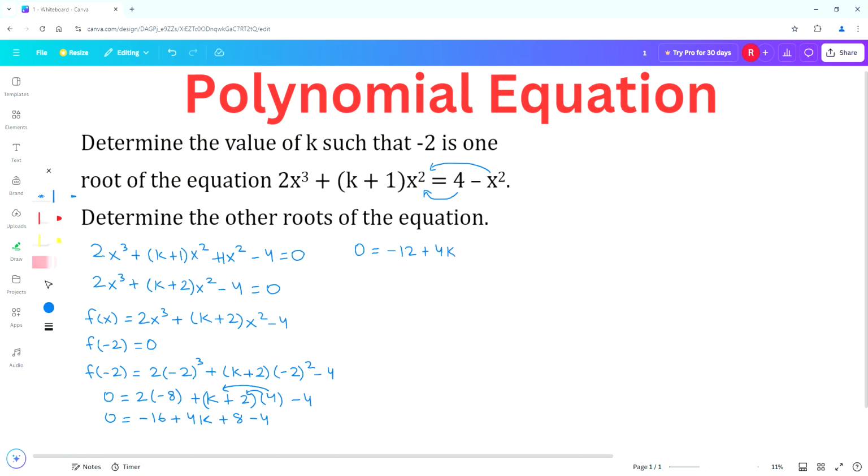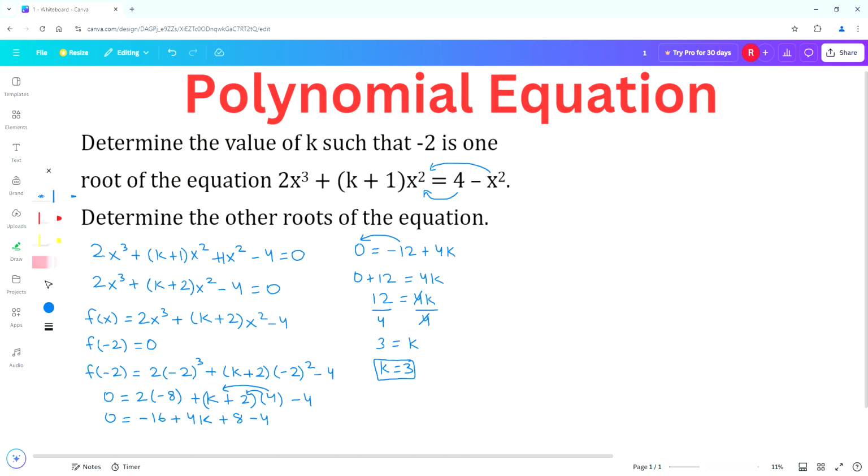Next, we can move -12 to the left side of the equation. That will make this term positive. I get k equals 3. This should be the final answer for the first part.